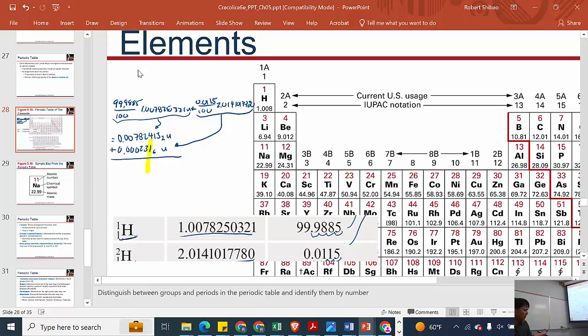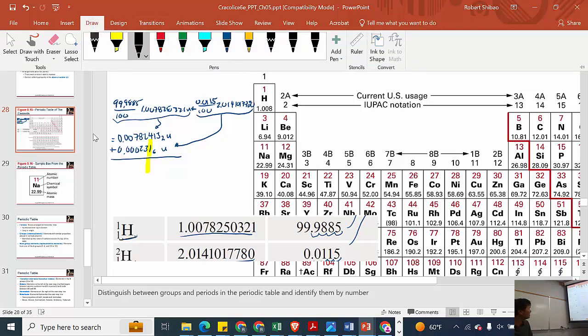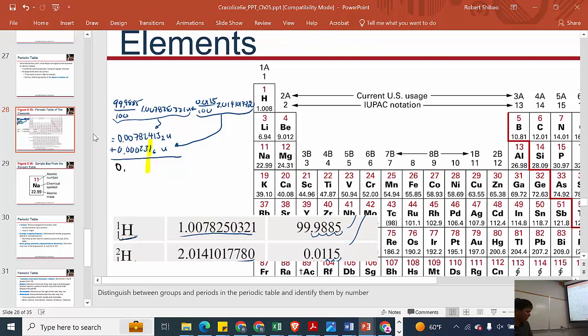So I'm going to take this number plus 0.00782. I'm going to just use all the digits. 4132. And that's going to give me my final answer. My final answer is going to be 0.00. That's 2 decimal places. 8, 3 decimal places. 05. Oops, I made a mistake there. 05.